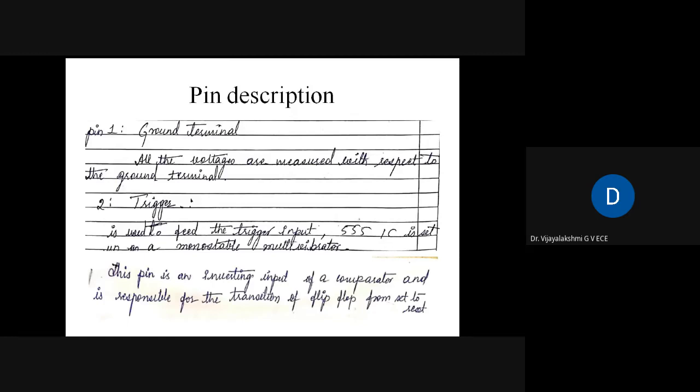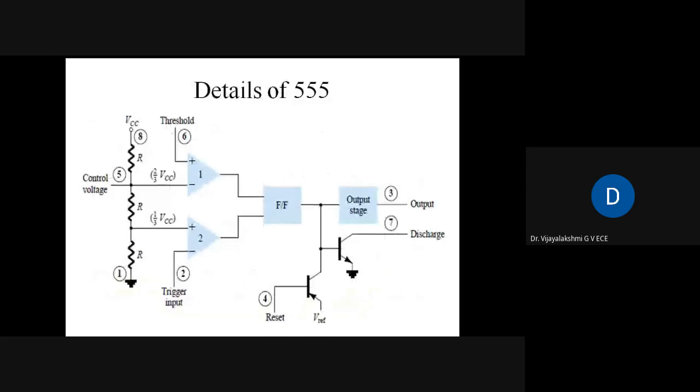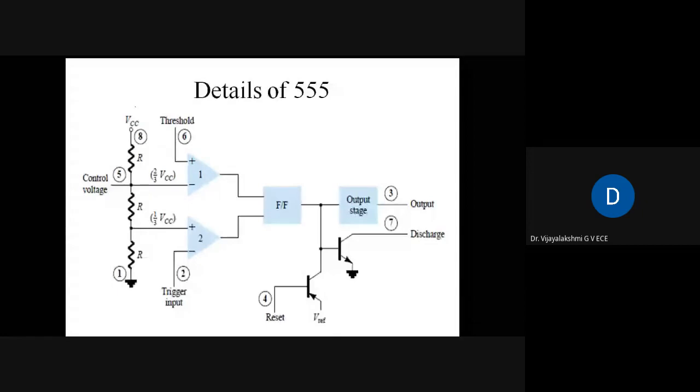Okay. Now, if I go into detail about the pin diagram, I think you should know beforehand what the details of the 555 timer are. This is the internal circuitry of the timer. This is how your timer looks inside. If you know this, I can connect this with the pin diagram.